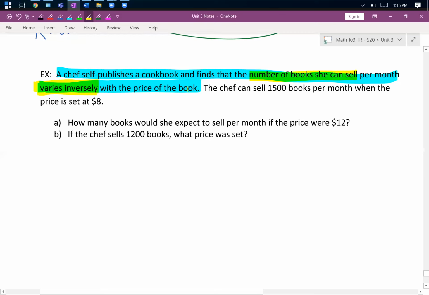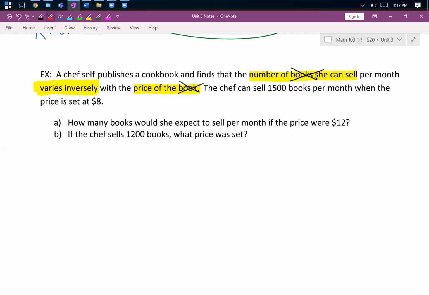Notice how you said book twice. I know that you did because that was a normal human being sentence, but as we're selecting variables for this, we don't want to use the word book because it shows up twice. So I like number and price. And all that other stuff was just fluff.